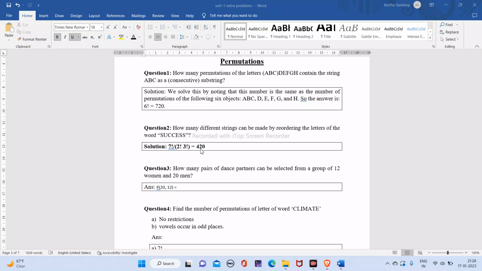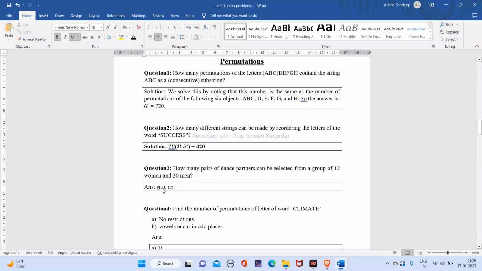which is 420. So third question, how many pairs of dance partners can be selected from a group of 12 women and 20 men? So here it is permutation of 20, 12. So you have to select 12. How many pairs of dance partners can be selected?